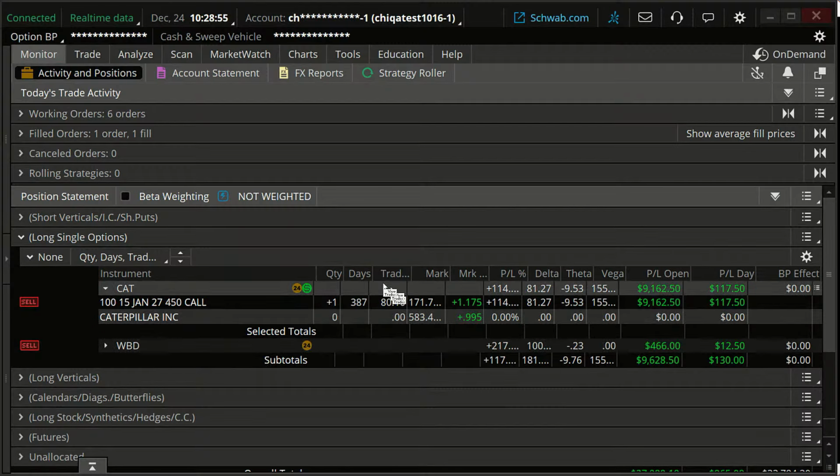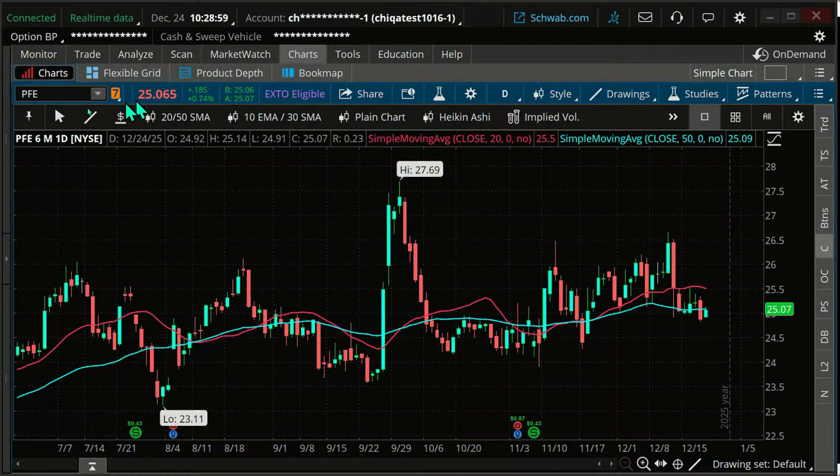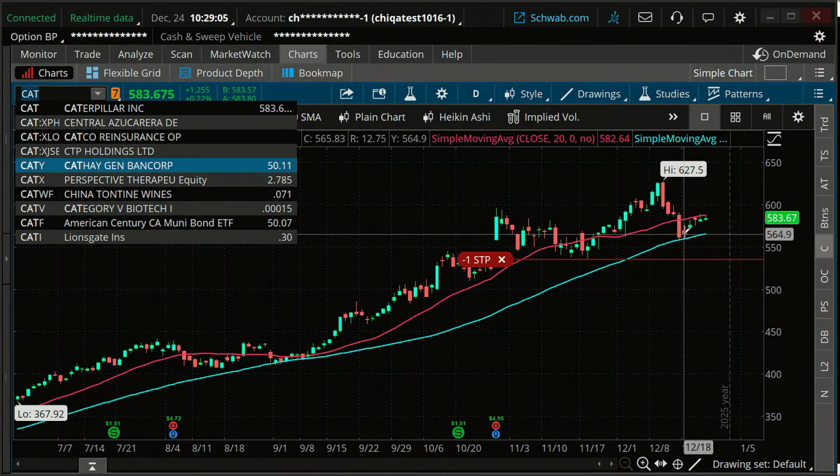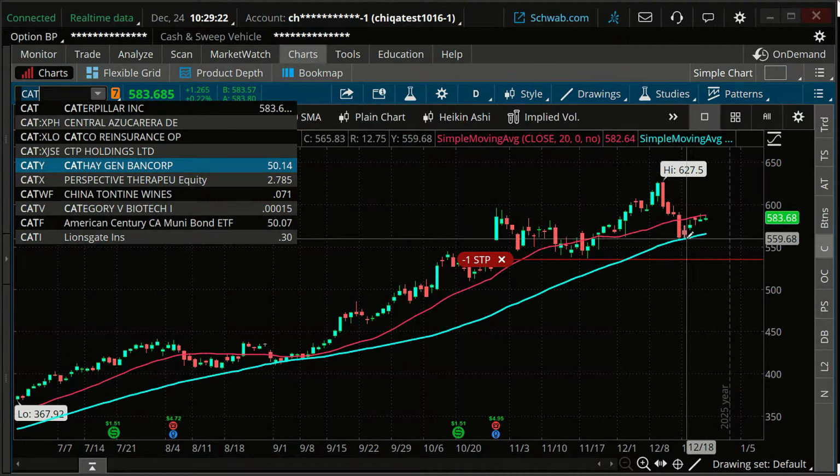We'll get to those in a little bit, but we're just going in order right now. Caterpillar, this is a LEAPS contract that started to show some weakness last week. Last week, we were looking at this and going, well, I'm still bullish here, but we tightened the stop just in case things went south on us.